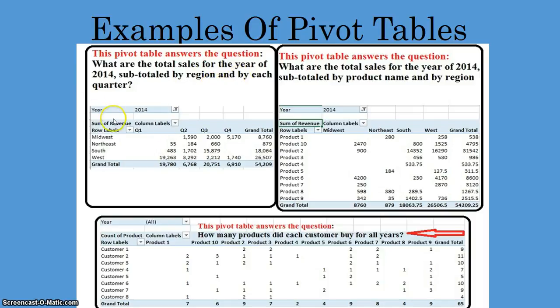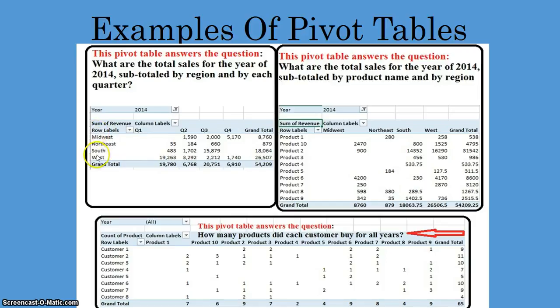A pivot table allows you to have a drop-down here that you can select by year. It goes through that raw data that we showed you in the previous slides, and you're able to select by year up here.